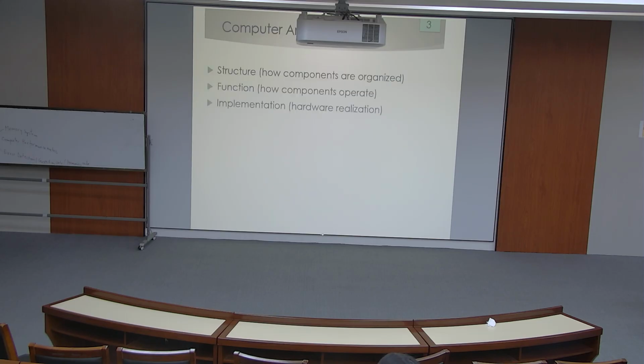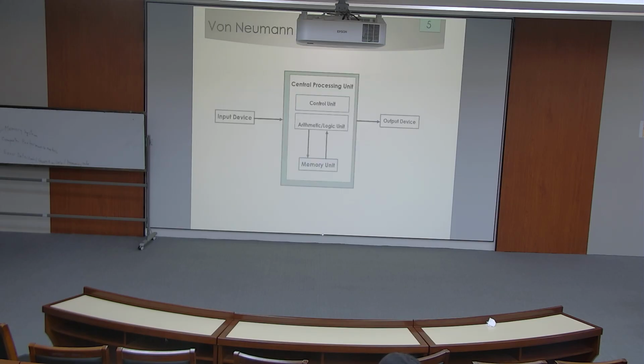When it comes to computer architecture, we need to understand how components are organized in the computer. We need to learn about the functions, what are the different functions of the computer, how the components operate, and their implementation, hardware realization. We talked about von Neumann architecture, which stores data and instructions in the same memory unit.